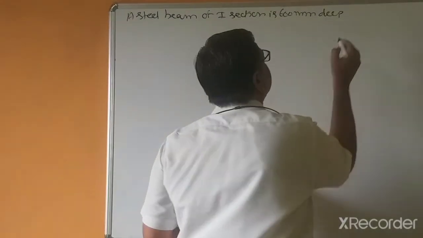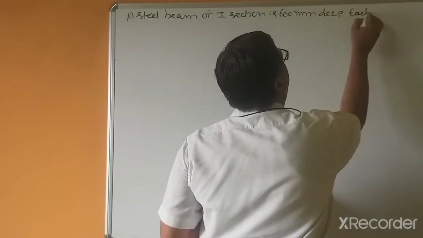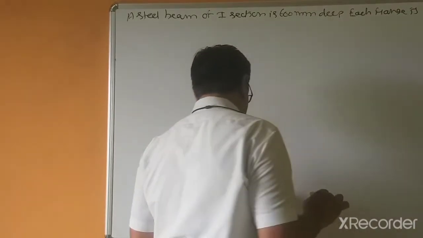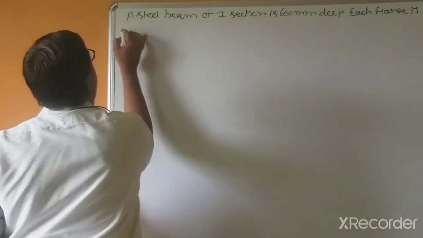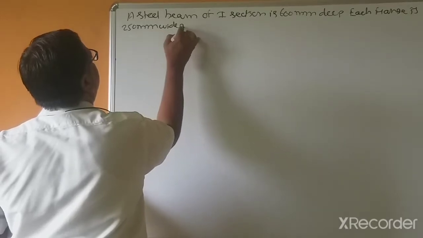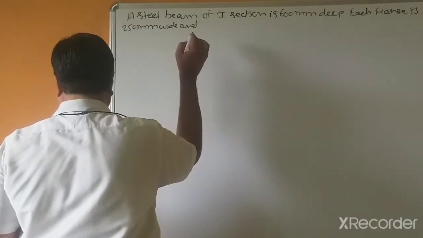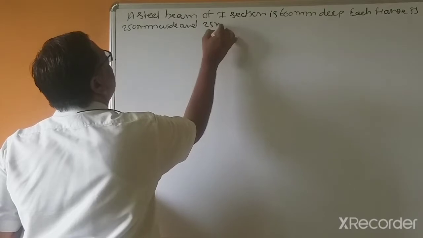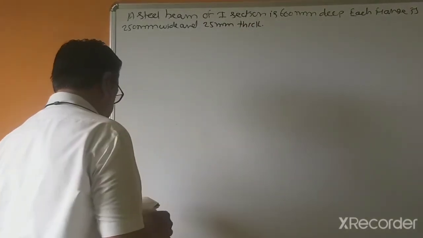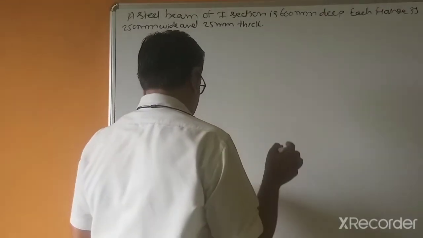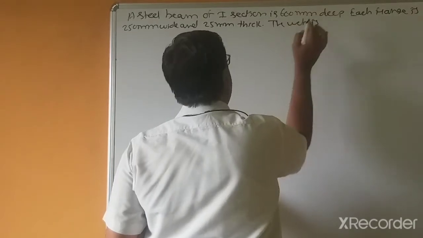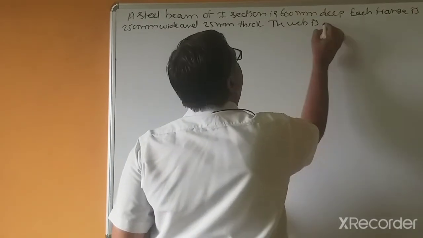Each flange is 250 mm wide and 25 mm thick. The web is 15 mm thick.